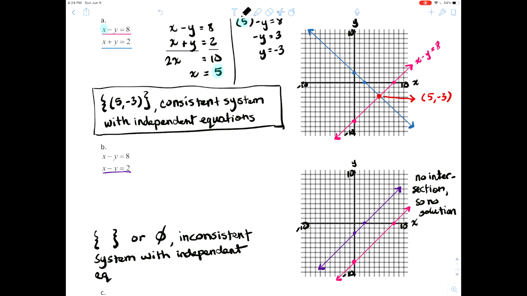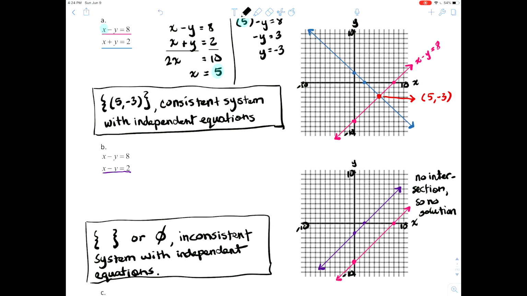The most important part to remember is whether they're consistent or inconsistent for later. And so that's the solution for this one. And then just to take a look at this one, part B, algebraically, you'd have your x minus y is 8, x minus y is 2.